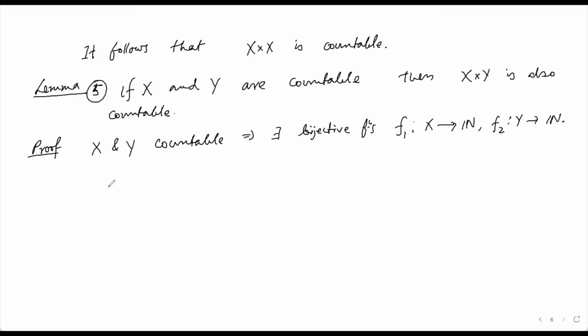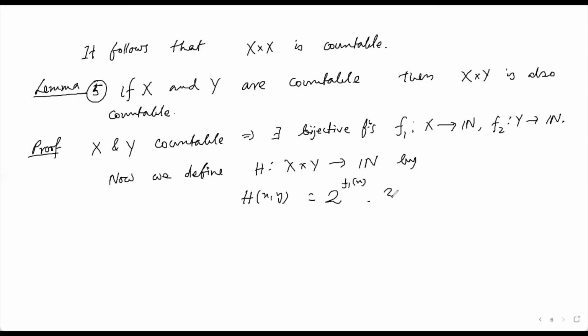Now we define h from X cross Y to the set of all naturals by h of (x, y) equal to 2 power f1(x) times 3 power f2(y).